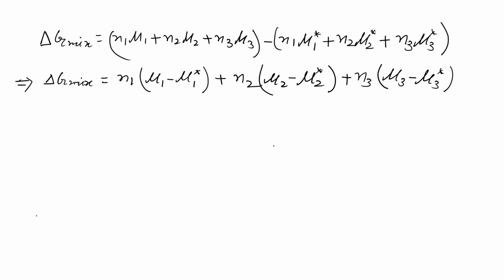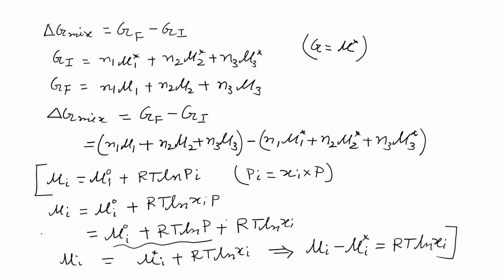And just now we have seen that mu I minus mu I star is RT ln xi.